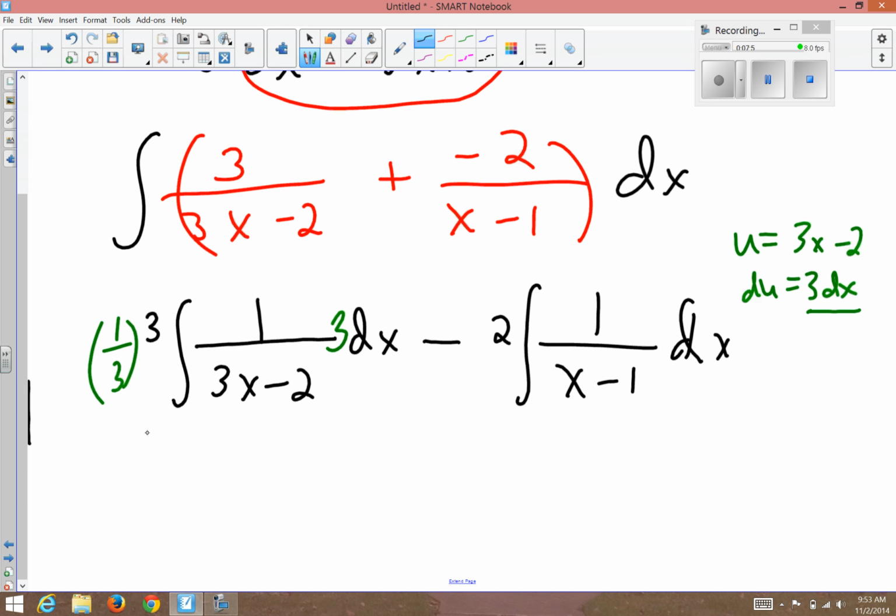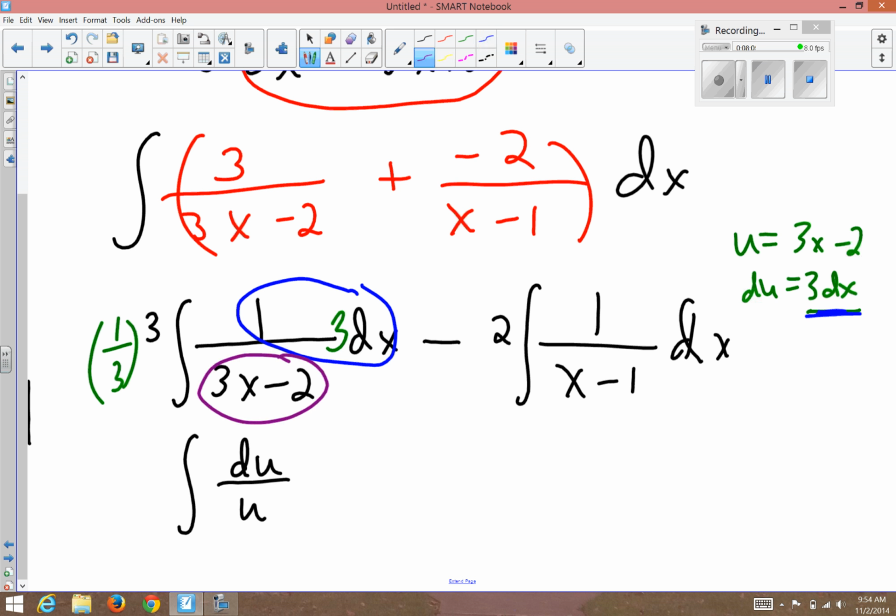However you look at it, this is going to be 1 integral du over u, since this is du and this is u. This is already in the du over u form. No need for any magic chalk.